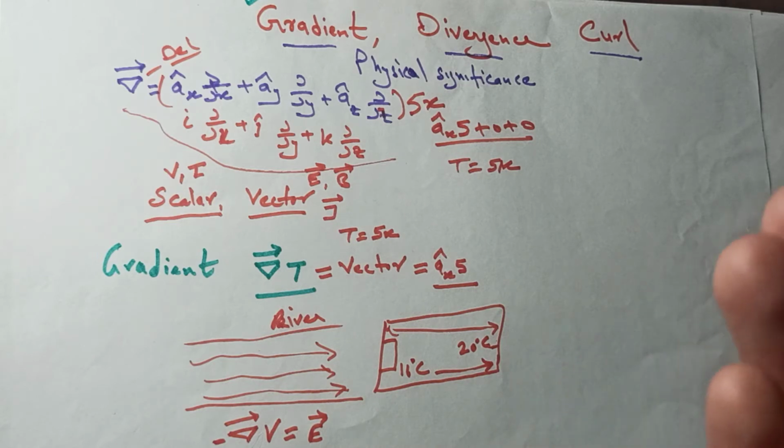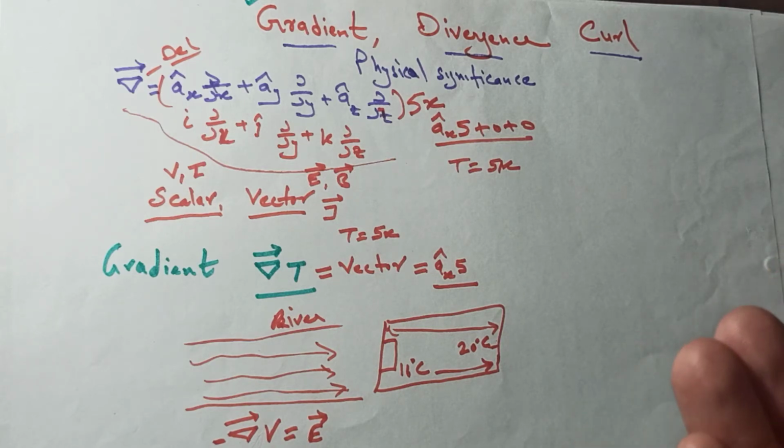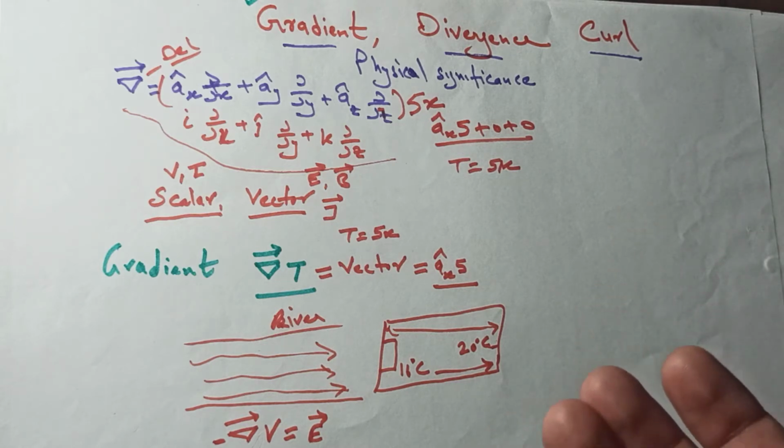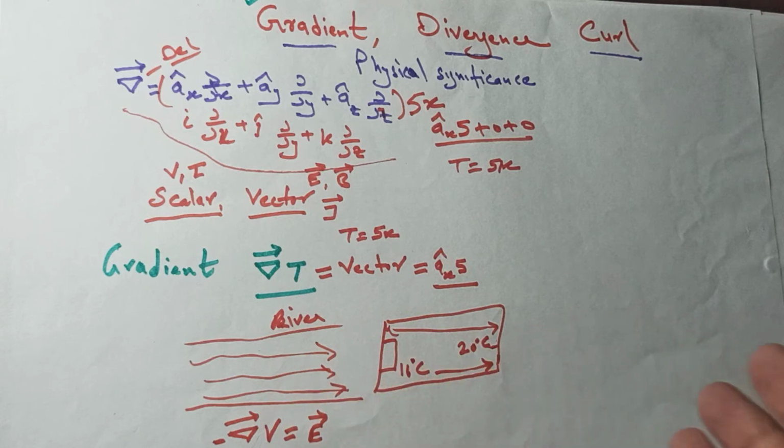You are studying this gradient, but you don't know the physical significance. Nobody wants to know the physical significance. So this is the physical significance: it will give you the maximum rate of increase or maximum rate of decrease of any physical quantity.